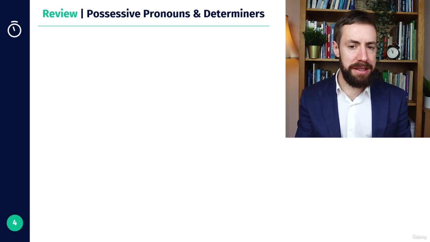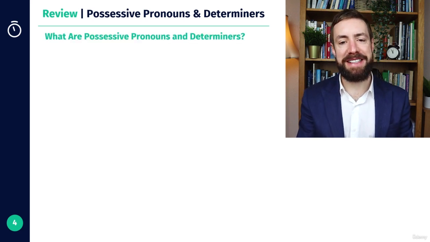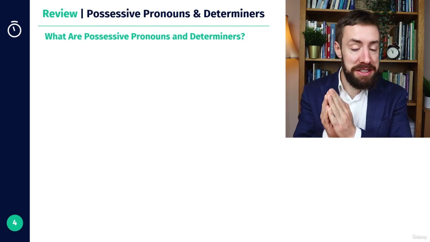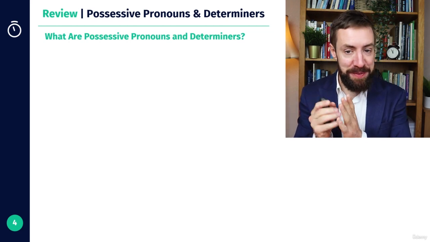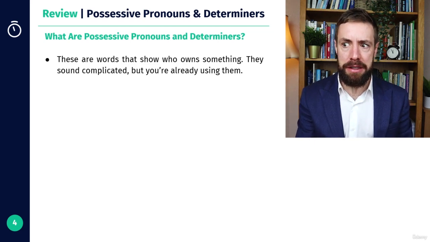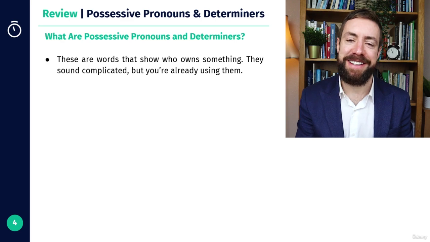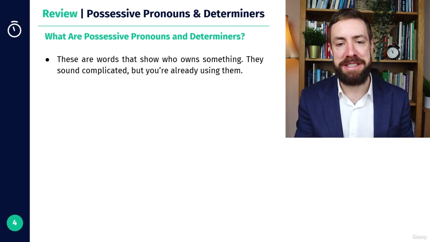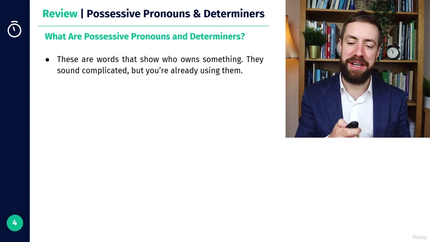One that gets a little bit more complicated is the difference between possessive pronouns and determiners. So those are two very fancy words. And you might be thinking, I don't remember learning those. But of course, really, the reality is that they're pretty simple. You already know them. So let's take a look.